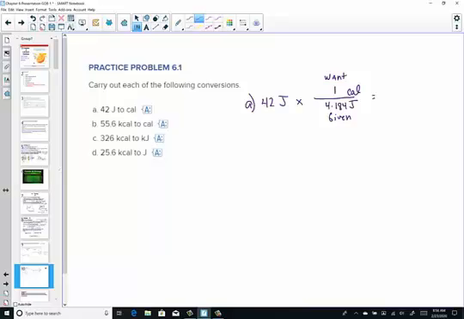So you divided. You said 42 divided by 4.184, and your screen said 10.038. But remember, we're considering sig figs, so I'm going to write 10 with a decimal point to make sure that's 2 sig figs, and my unit there is calories.